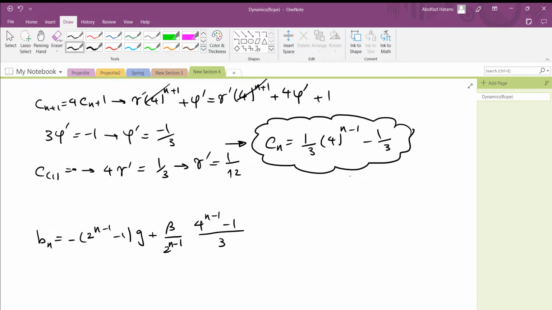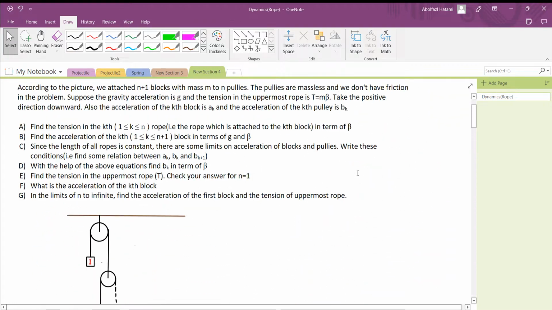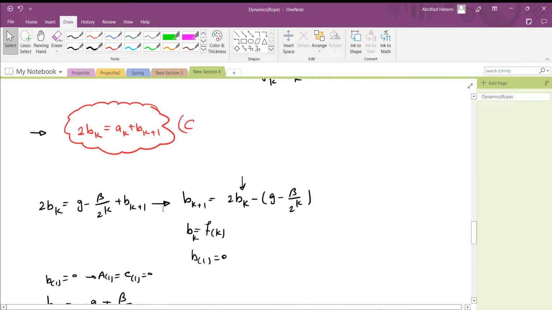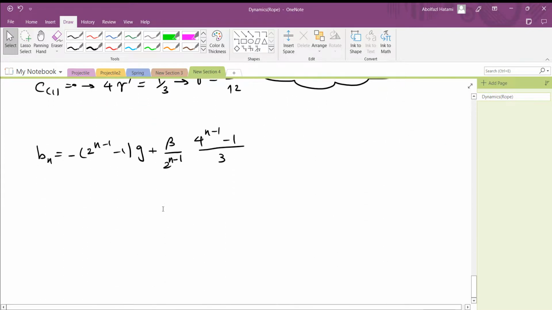divided by 3. So here we found b_n, but sorry, I think the question wants us to find b_k. Yes, b_k. So I substitute n with k. It doesn't change.